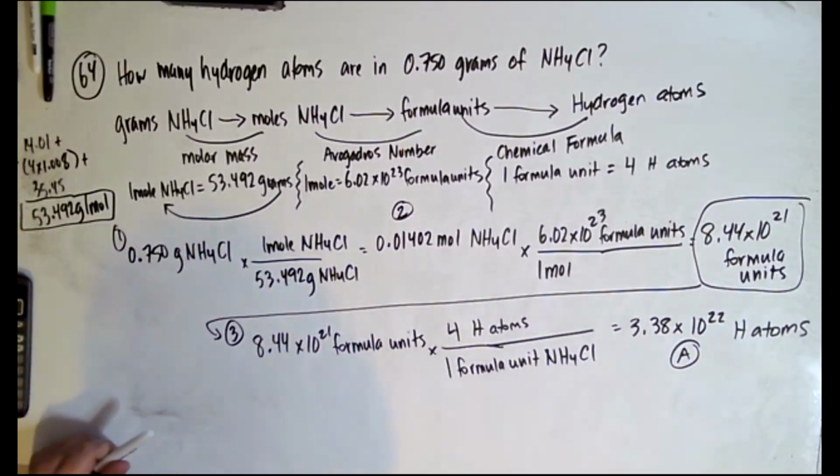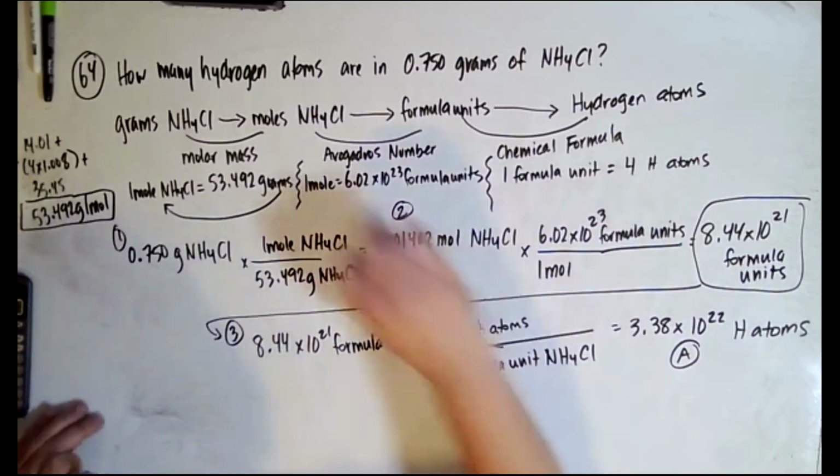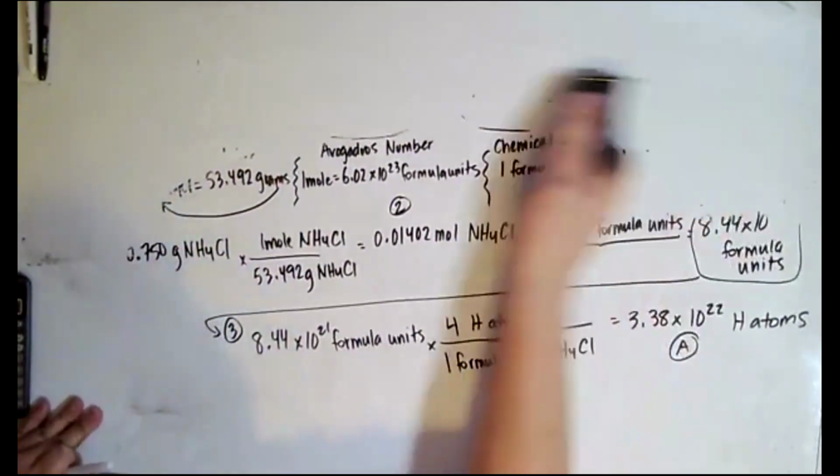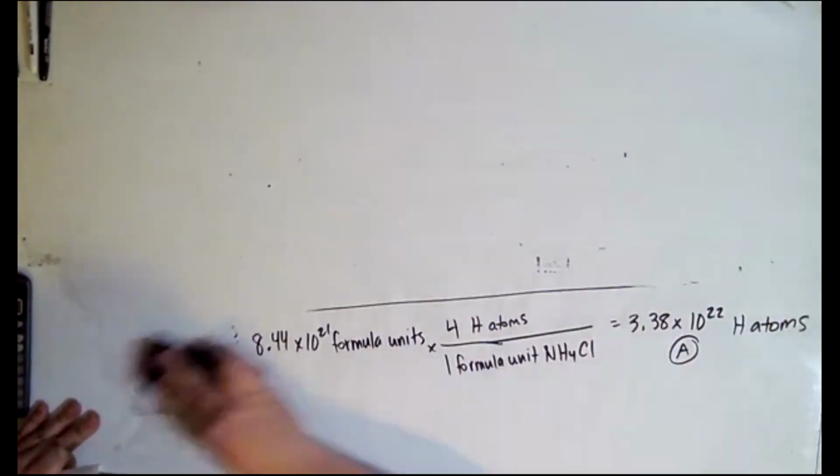And question number 65, which is our last question on this review sheet, is real similar. It's asking us for the number of oxygen atoms in 27.7 grams of aluminum nitrate.